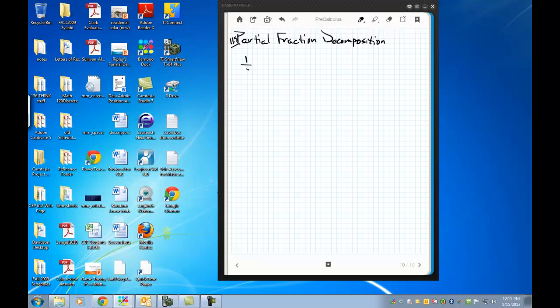I know that 1/2 plus 1/3 equals 5/6. Right? Partial fraction decomposition reverses this process. I'm going to start with my fraction, and figure out which two fractions add to make that fraction, because every fraction can be expressed as the sum of two fractions as long as the numbers are rational.